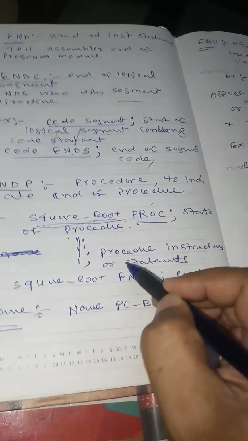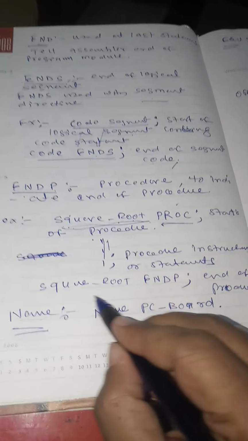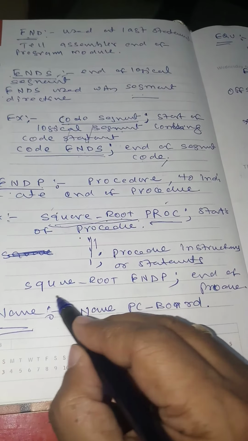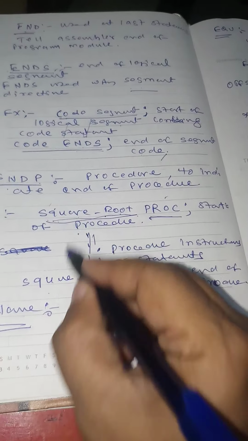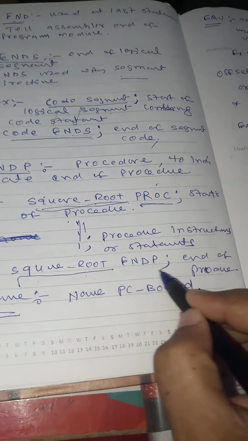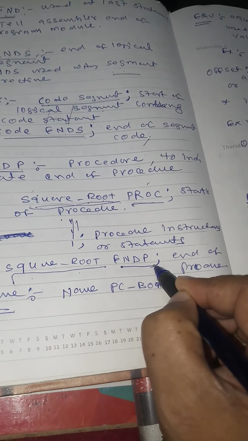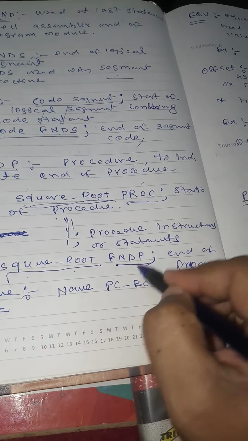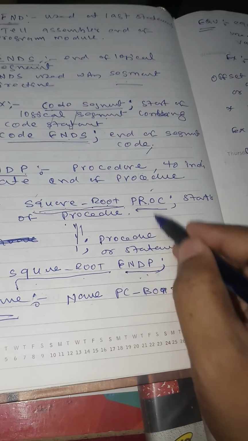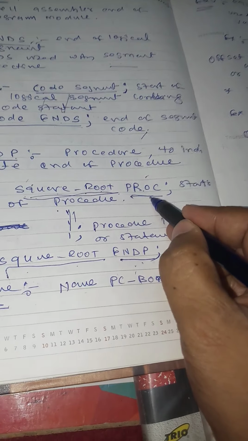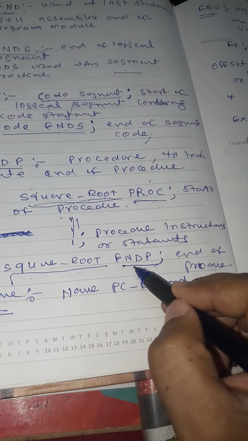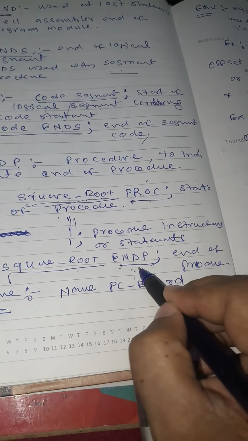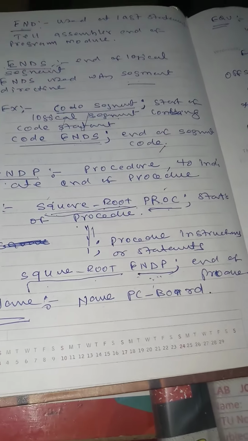After that, we end the square root with the same variable name and ENDP. Please remember, PROC and ENDP are the two directives required to initialize a procedure and to end the procedure. So ENDP means end of the procedure.